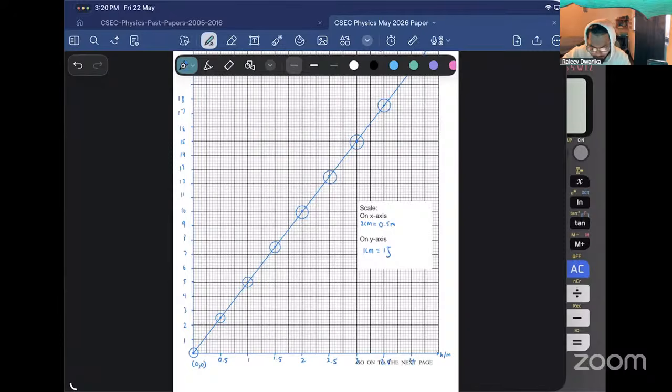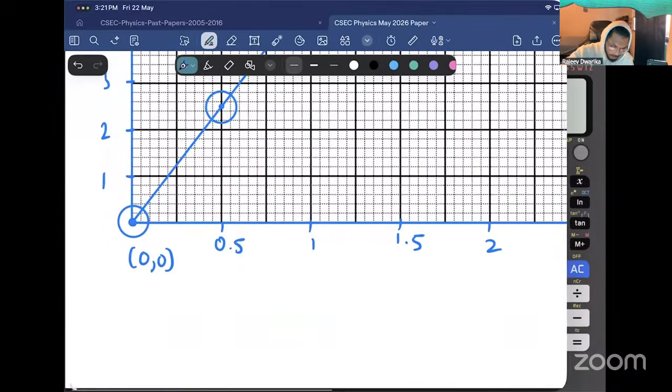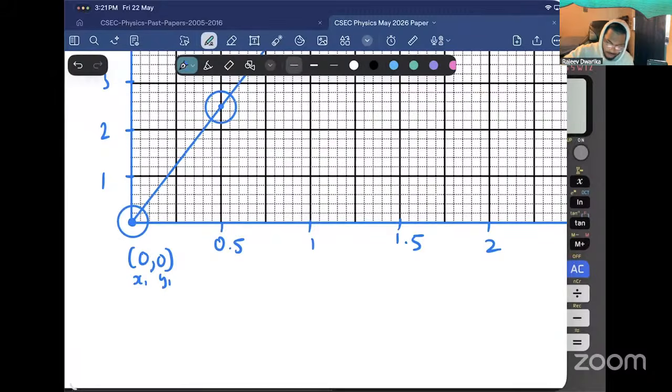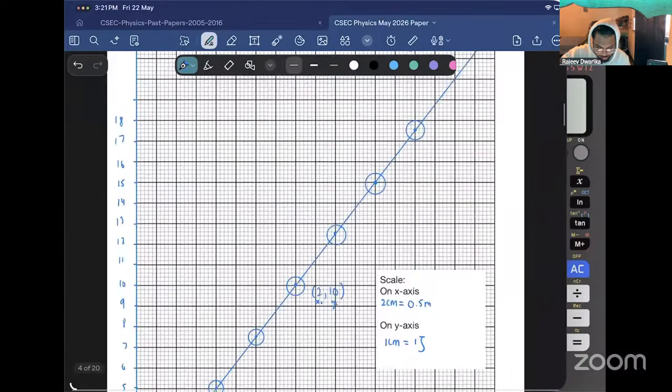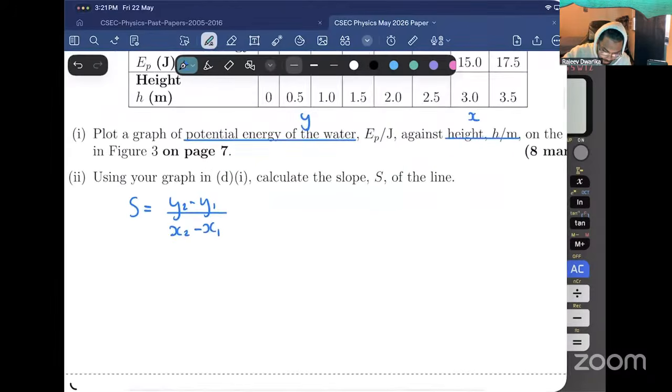So 0, 0, and what other point do I want to pick? 2, 10. You want to pick 2, 10? Okay, no problem. We could call this x1, y1, and this x2, y2. So I have 0, 0 and 2, 10. I'll put the points I'm using here.